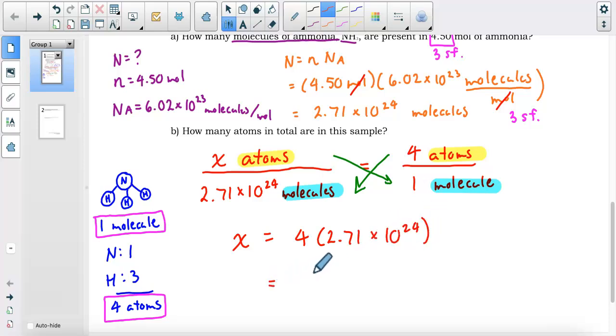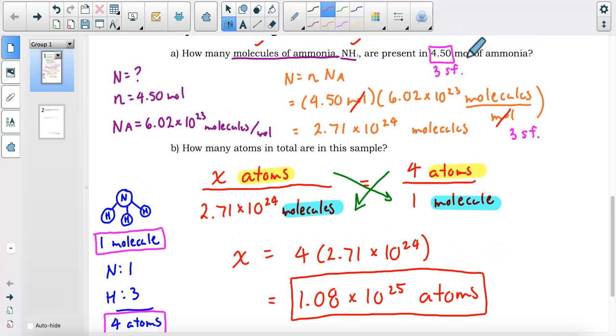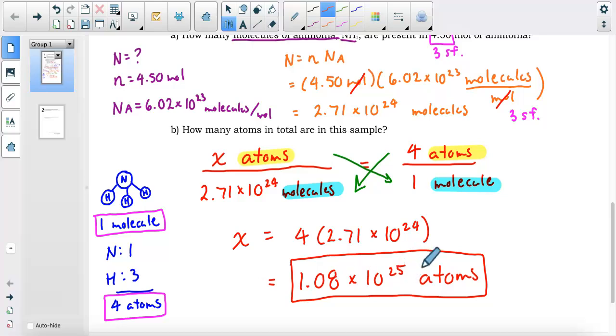And when you do this, you're going to get 1.08 times 10 to the 25 atoms. Okay, so in this sample of 4.50 moles, we have 2.71 times 10 to the 24 molecules. And obviously, you're going to have even more atoms, 1.08 times 10 to the 25.